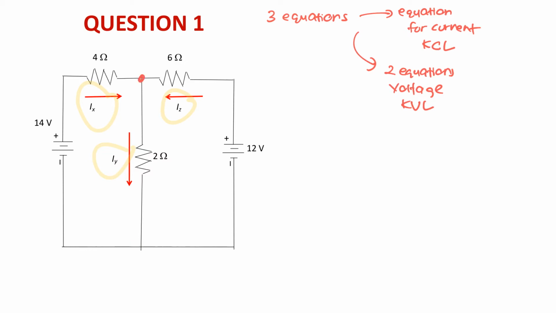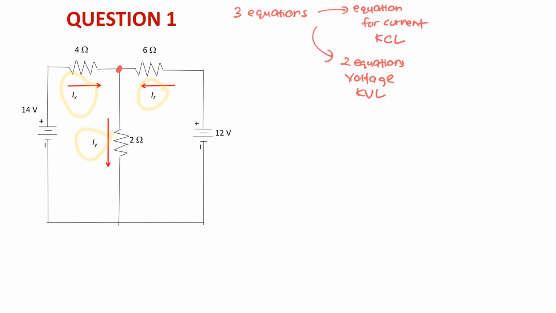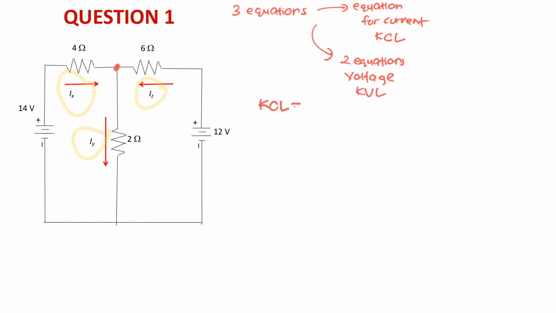So for example, if I choose this one as my node, I need to decide that current going into the node is positive and current leaving the node is negative. Now my equation for Kirchhoff's current law, which is equal to 0, will be: IS is going into the node, so IS is positive.